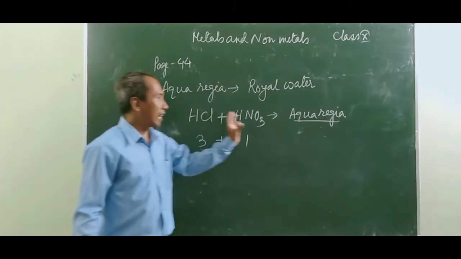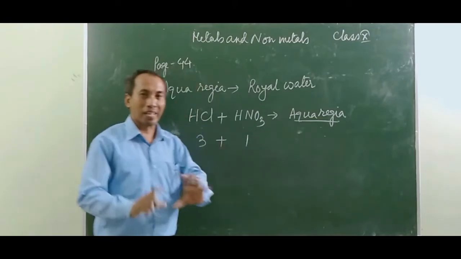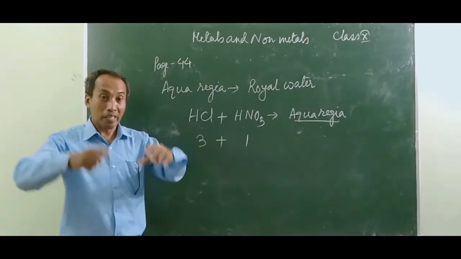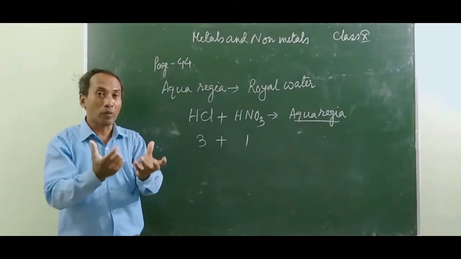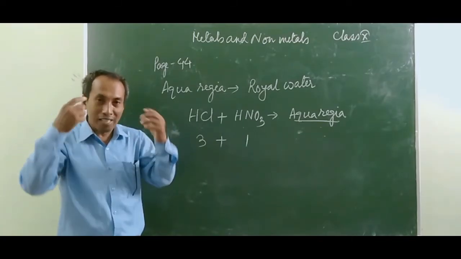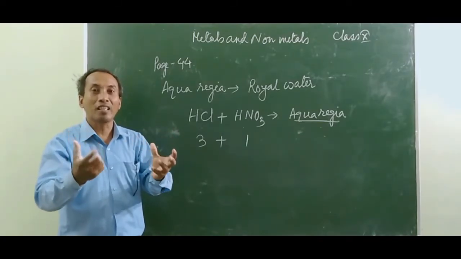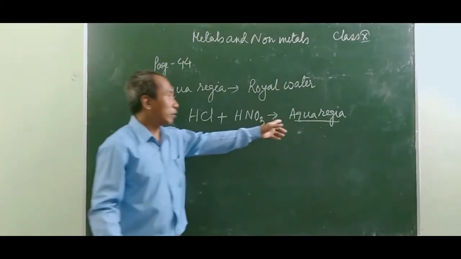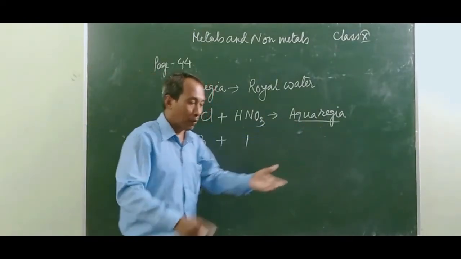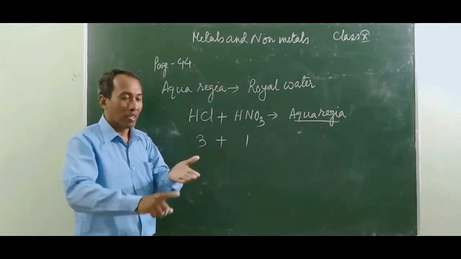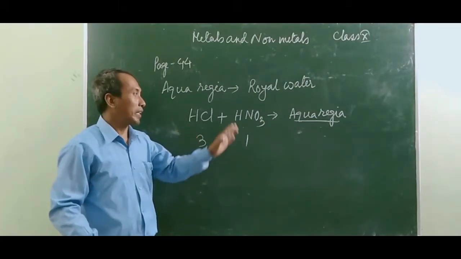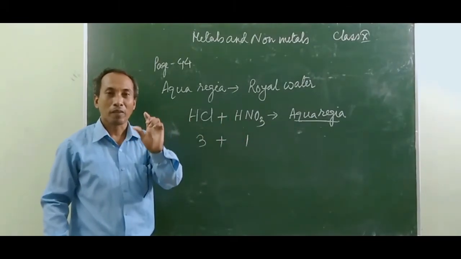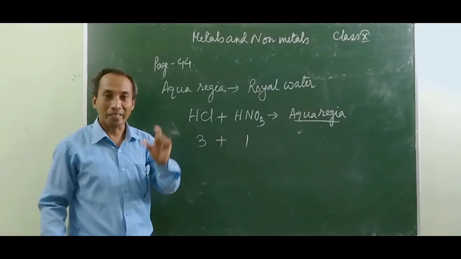They will use a solution which makes the gold sparkle. But even in your presence, they can steal your mother's gold by using this Aqua Regia. They will clean the gold and it will sparkle, but at the same time the quantity of your gold will decrease.